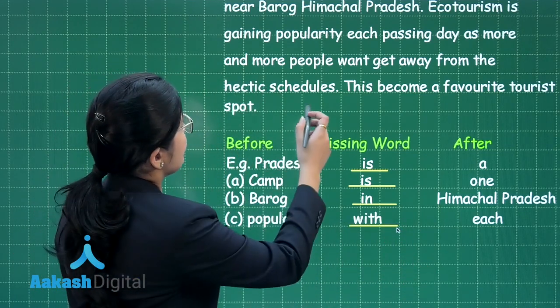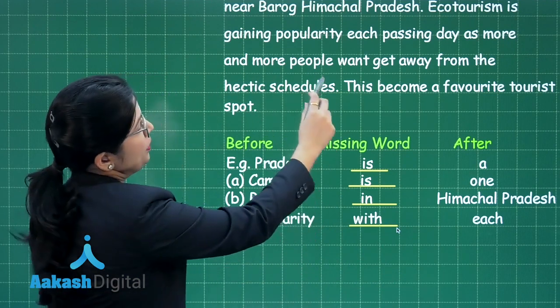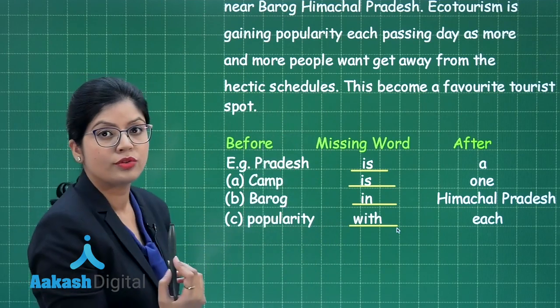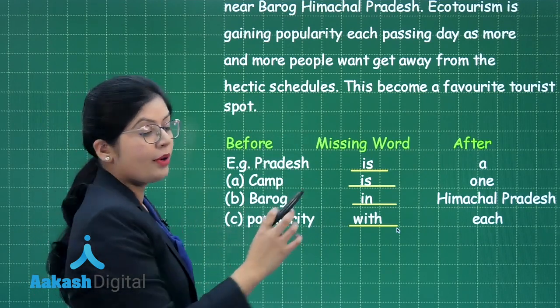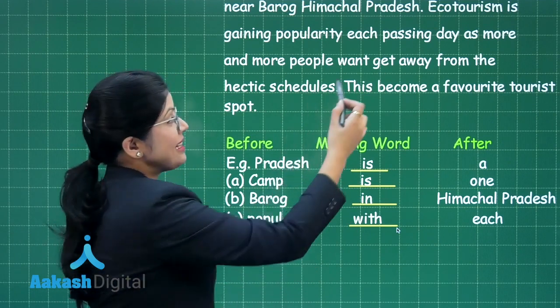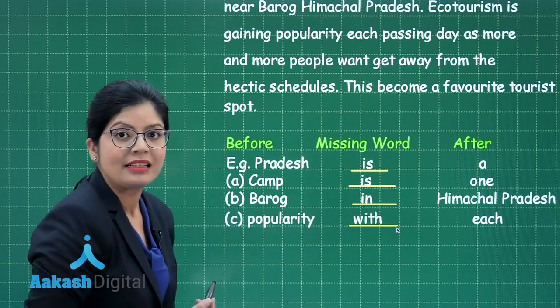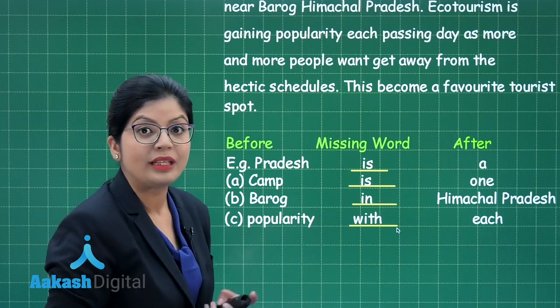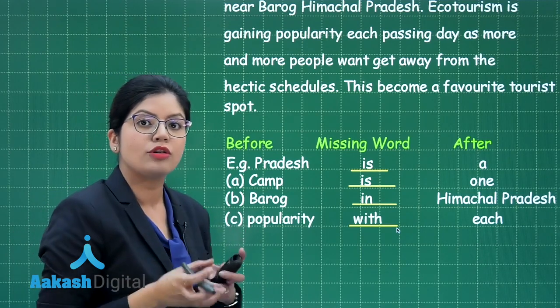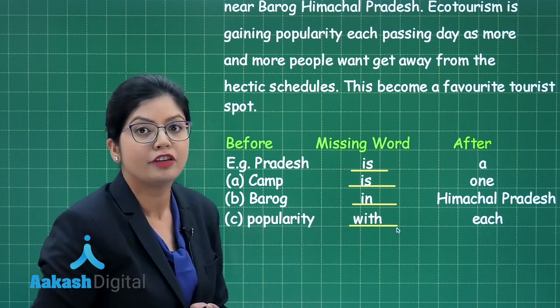Moving on, the sentence says that more people won't get away from the hectic schedules. Now students, remember, want and get both are verbs. However, in this sentence we don't need another verb get, we need an infinitive. Now an infinitive verb form has a structure of to plus the first form.